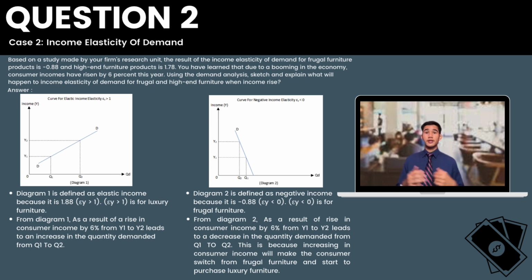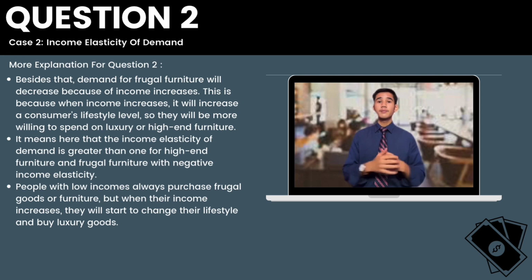This is because an increase in consumer income will make the consumer switch from frugal furniture and start to purchase luxury furniture. Besides that, demand for frugal furniture will decrease because of the income increase. This is because when income increases, it will raise a consumer's lifestyle level, so they will be more willing to spend on luxury or higher-end furniture.